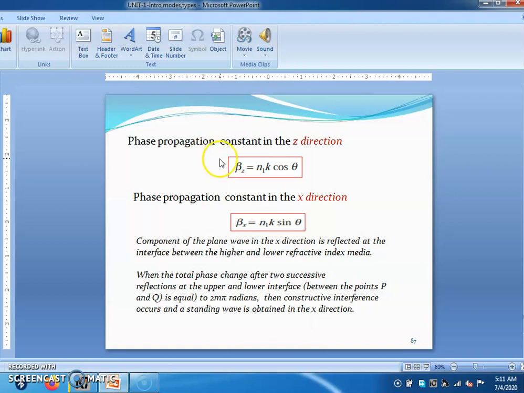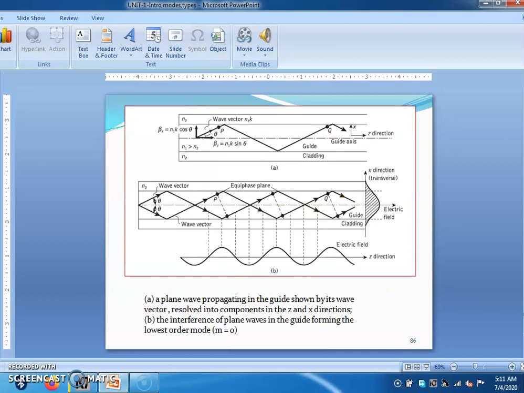So the propagation constant in the z direction, beta z, is equal to n1k cos theta, and in the x direction, beta x is equal to n1k sin theta. So the component of the plane wave in the x direction is reflected at the interface between the higher and lower refractive index. See, it is reflected.